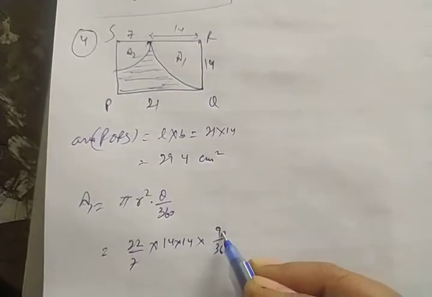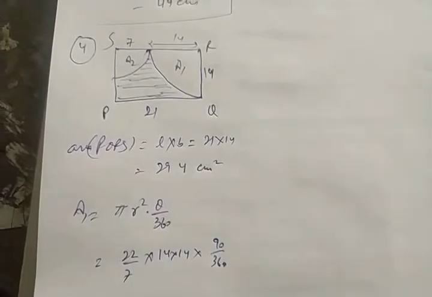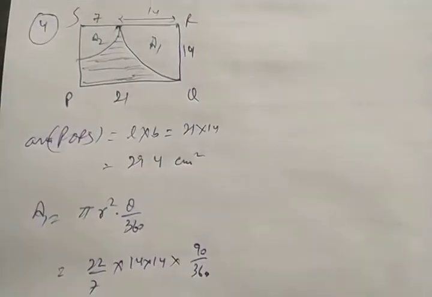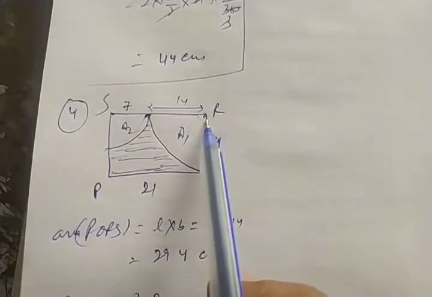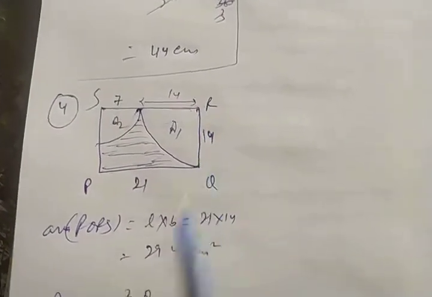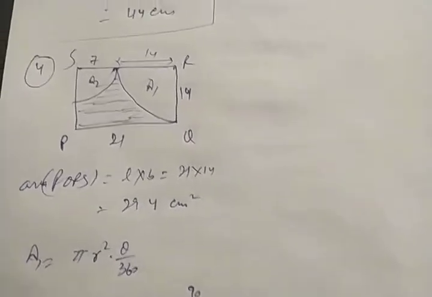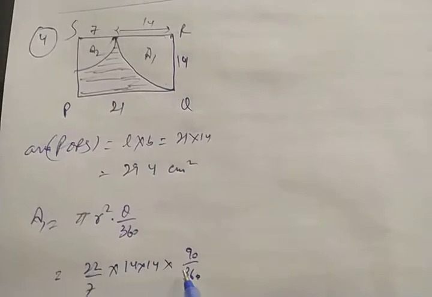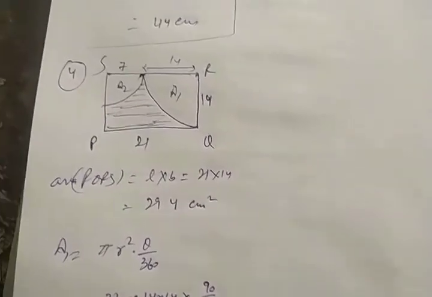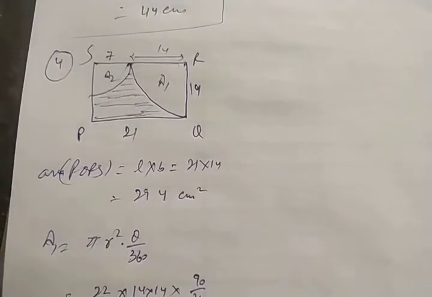Now the 90 angle has not been mentioned in the question. Actually you are concluding that each quadrant angle of a right angle rectangle is 90 degrees. That's why you are taking this 90. Whenever there is a case of an equilateral triangle, you will have to consider a 60 degree angle. This angle will be on your understanding. Whatever the diagram is given, you have to understand. Now simplify it.